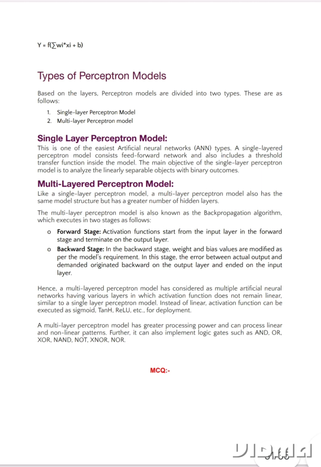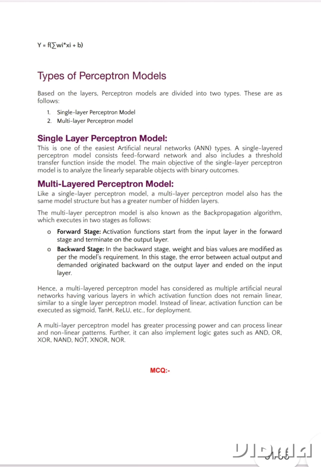of hidden layers. The multi-layer perceptron model is also known as the backpropagation algorithm, which executes in two stages as follows. Forward stage. Activation functions start from the input layer in the forward stage and terminate on the output layer. Backward stage.